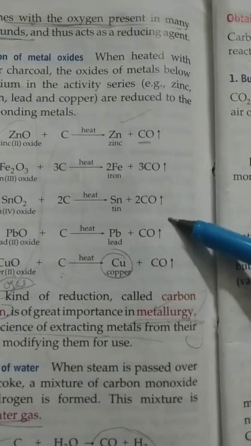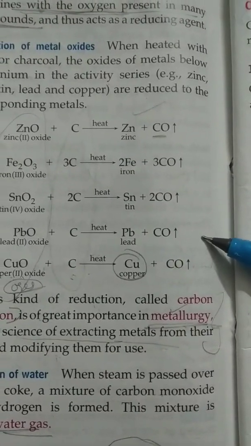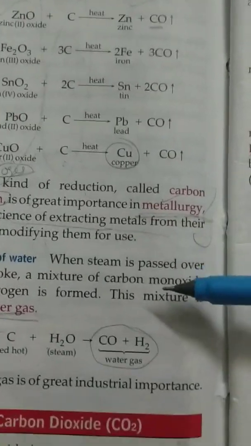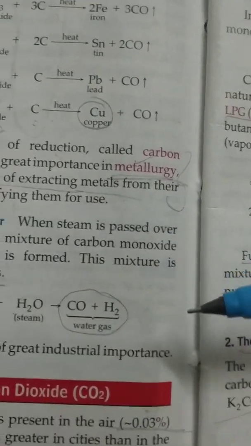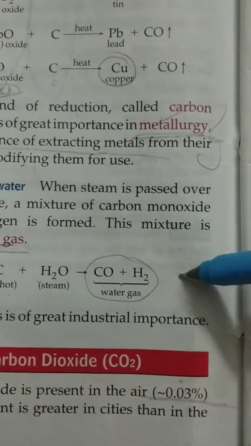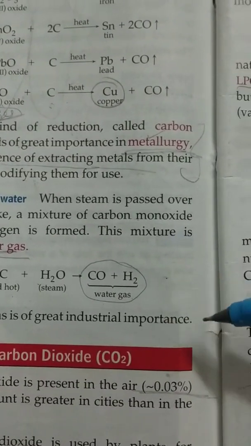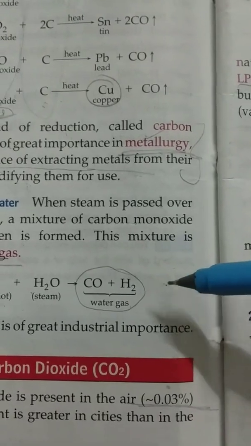This process is used to extract metal from the ores. Reduction of water: when steam is passed over red hot coke, a mixture is formed, water gas. And water gas is of great industrial importance.